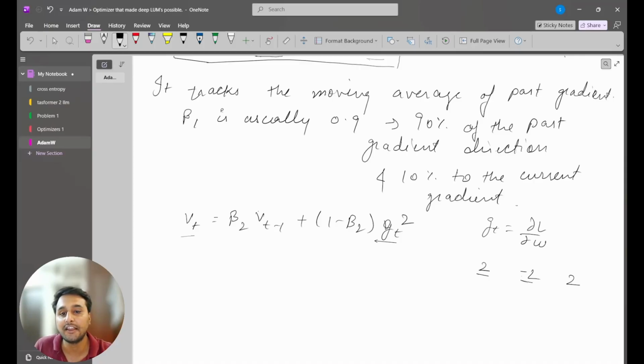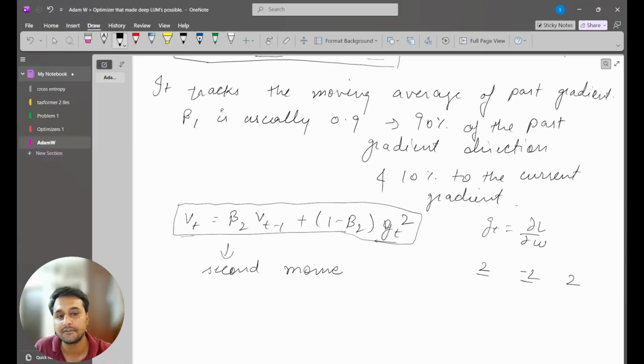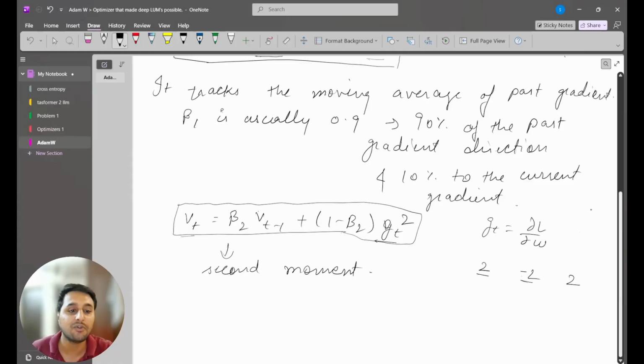But in Vt, the second moment only takes care of the step size, how big or small a step we need to take during the weight update. So we don't need any direction information, that plus minus sign. This square gives us only the positive value.